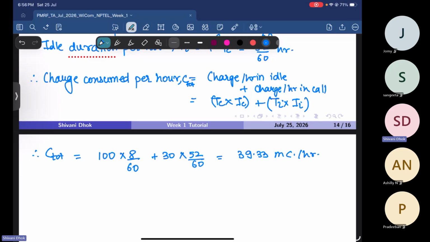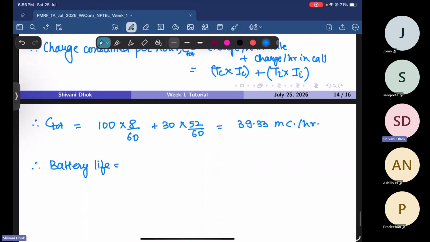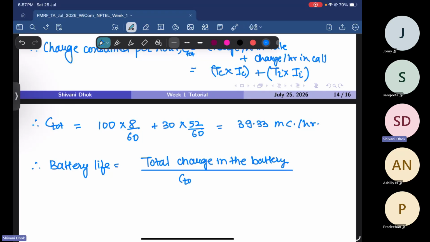Therefore, the battery life is the total charge in the battery divided by C total, that is the total charge consumed per hour.